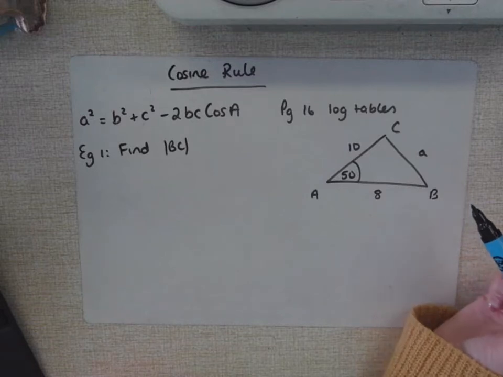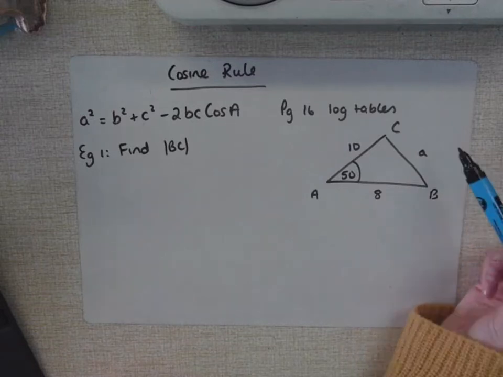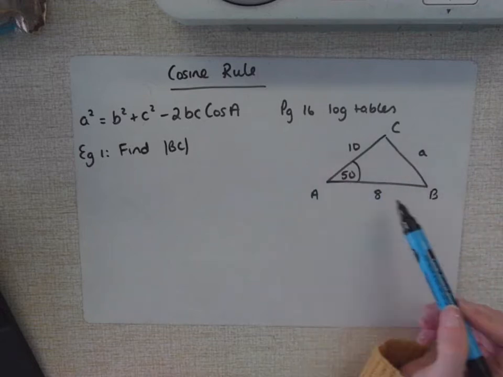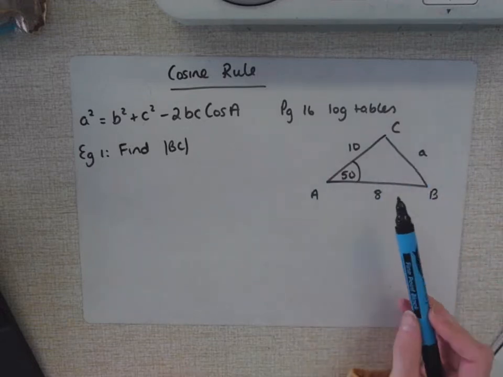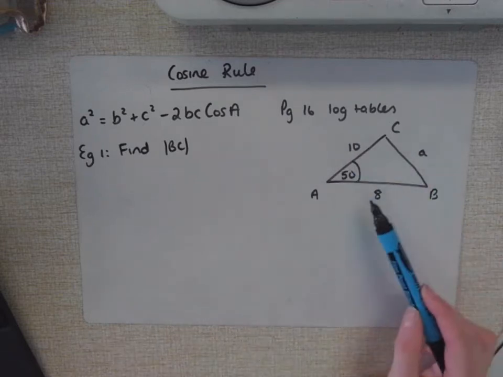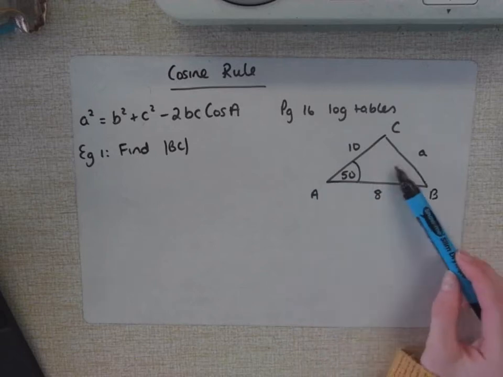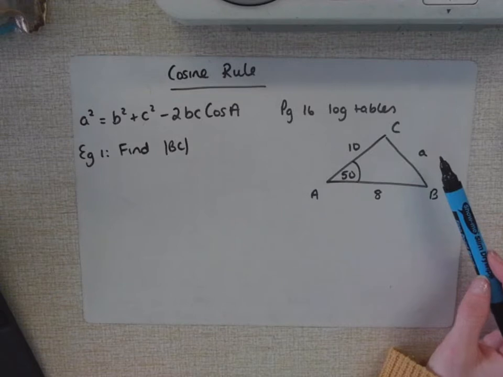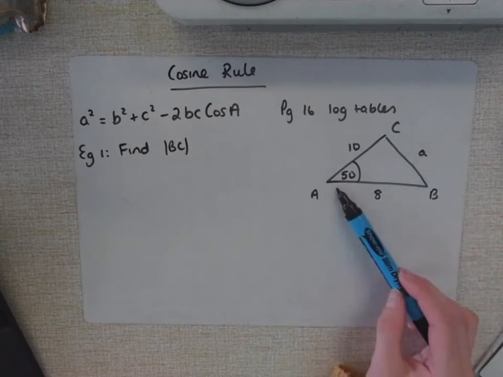The side you're looking for is always the A, and it has to be an included angle again. So it needs to be these 2 sides and the angle in the middle that you have. Or if you're looking for the angle, you have all 3 sides. The side opposite the angle is always the A, and that's always the angle, capital A.